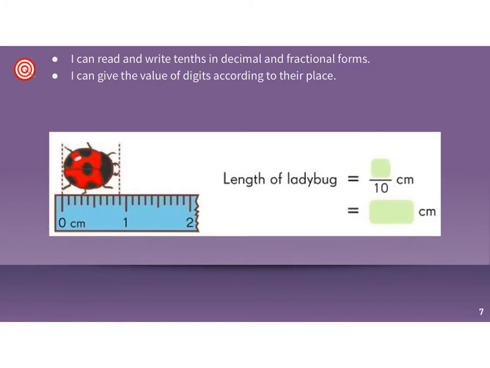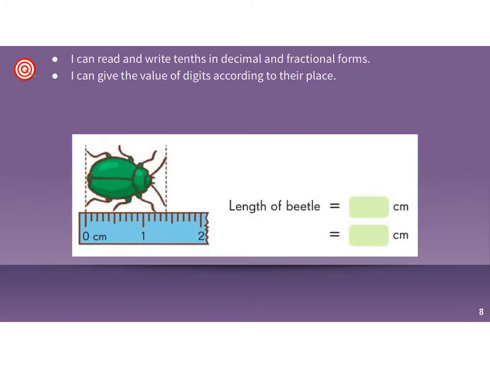So measuring this ladybug, the length of this ladybug here, if I'm dealing with centimeters, I'm again working with tenths. So it looks like here that ladybug is 9/10 of a centimeter. As a decimal, 9/10 it would look like. How about this beetle? Well, it's more than 1. And it looks like it's 4 tenths of a centimeter more than 1.